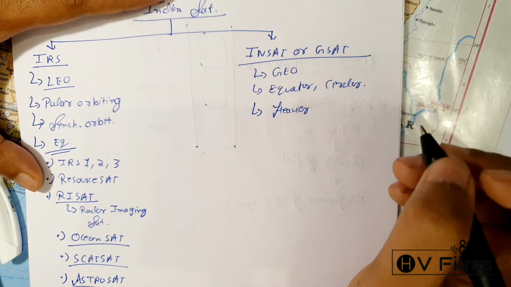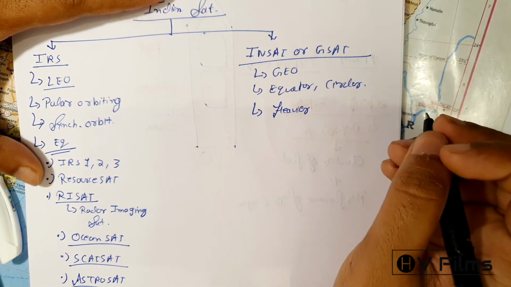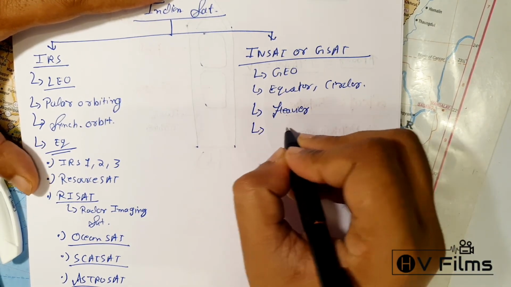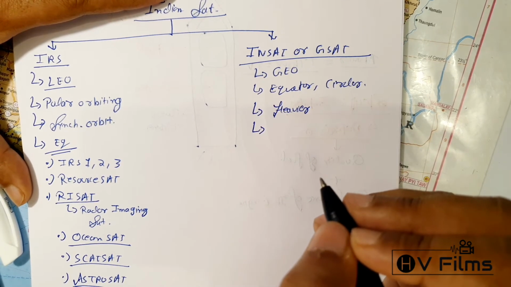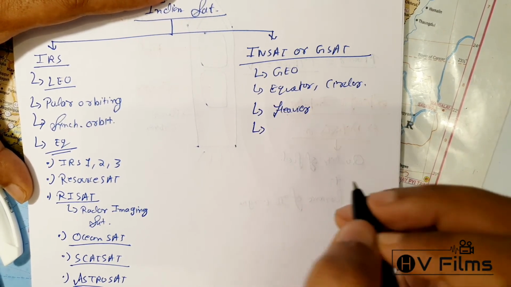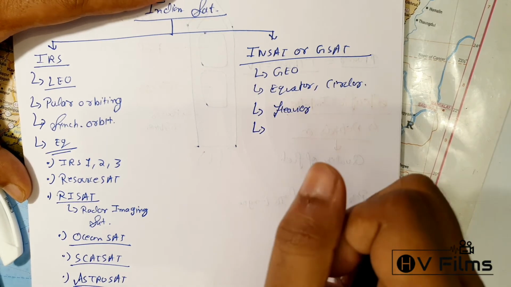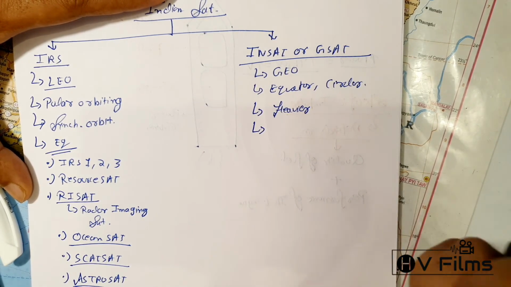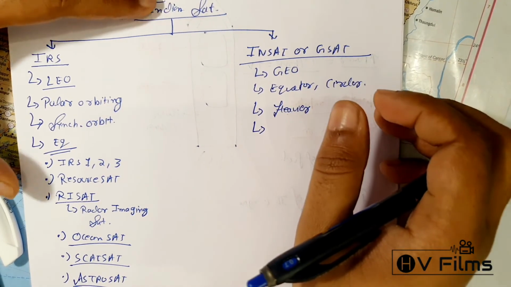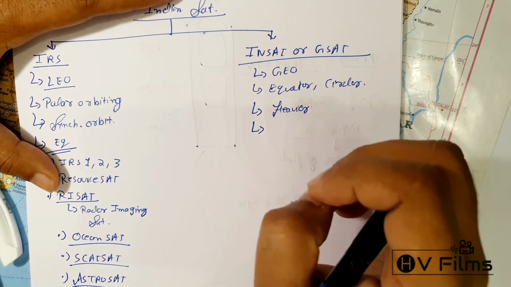That's why they are placed in the geostationary orbit. These satellites generally cover between 60 degrees north and south. This is what we sometimes call the satellite footprint. It's nothing to remember, but a point to be noted down if you want.